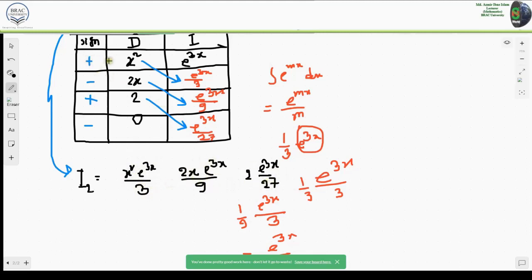So plus, minus, plus. I'm writing plus here, then minus, then plus. So this is how we have found the solution.